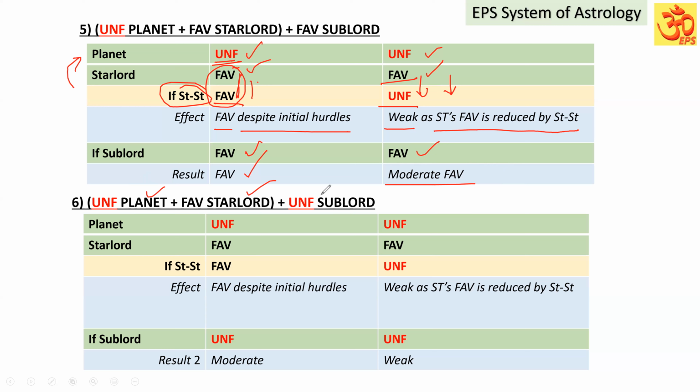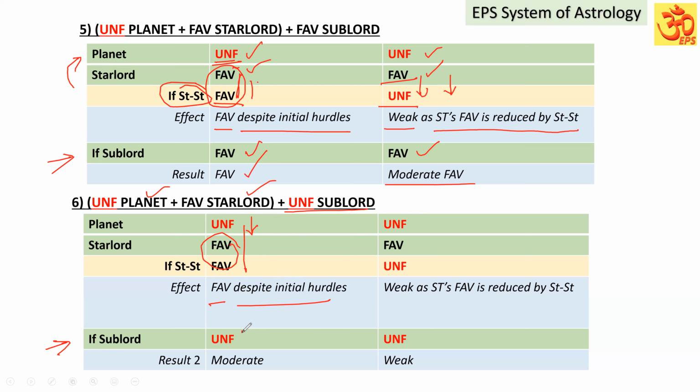Star lord is also favorable. Sublord is now unfavorable. Here we discussed the sublord is favorable; here the sublord is unfavorable. All else is the same. Planet unfavorable, star lord is favorable, star lord of the star lord is favorable. It is decreasing the strength of that unfavorable, and because it is favorable, despite initial hurdles, as we discussed in the previous combination.